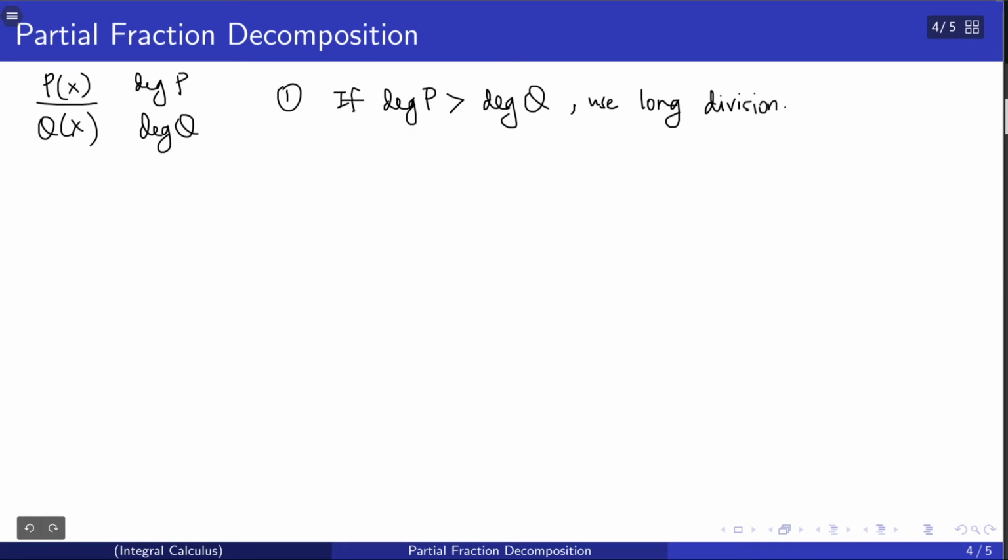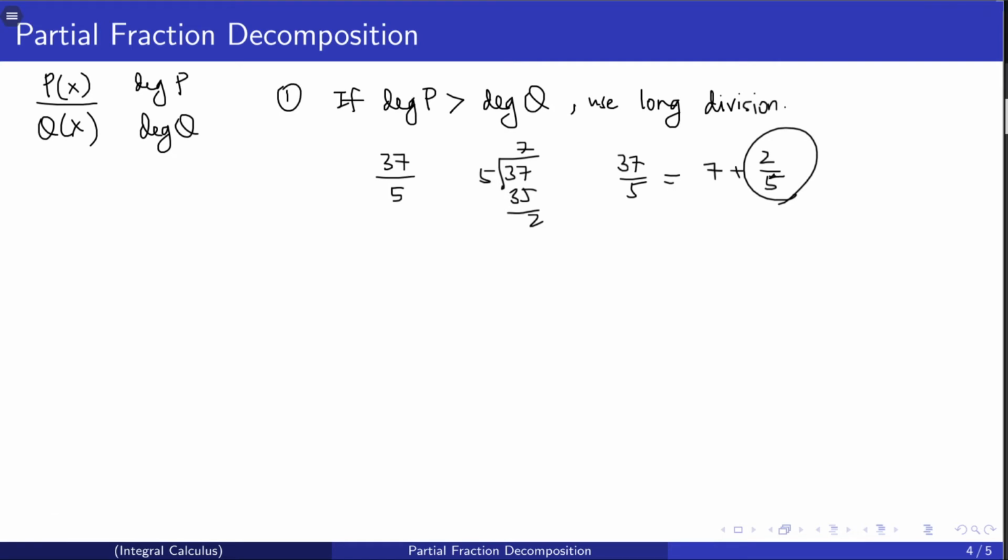It's the same thing with what we do with numbers. If you had 37 over 5, then you would say, well, let's divide 37 by 5. So we could write 37/5 as 7 + 2/5. And 7, that's just a whole number, and now 2/5 is just a fractional part. So the fractional part became smaller.